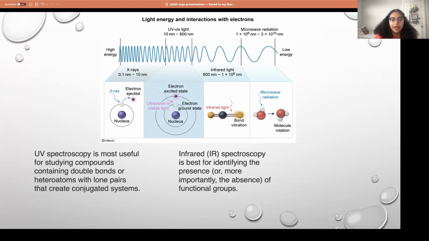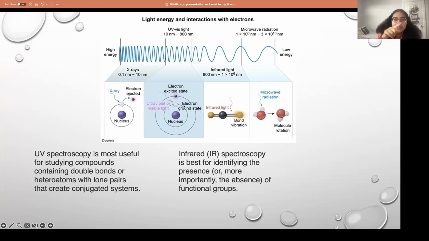It's with the pi orbitals. If you remember the HOMOs and LUMOs, the lowest unoccupied molecular orbitals and the highest occupied ones, electrons can absorb the energy to go from the HOMO to the LUMO. So basically, a conjugated system could be shown through UV spectroscopy.